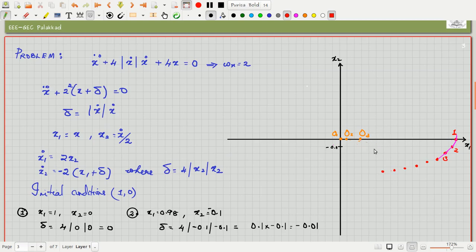If at any point I get a positive delta, I move towards the left of the x2 axis. The center point of delta will be shifting, so that I can move around like this. It may come to 0. This is how we draw.